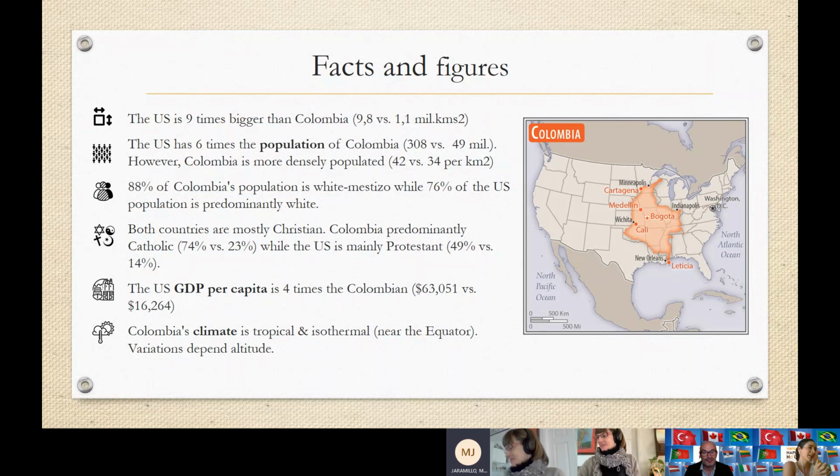That's correct too. Like, what about the climate? We do not have seasons. We have a tropical climate. We are right above the equator. This means we have the same weather almost all the year, and the differences depend more on altitude, not like here in the US. So when we say in Colombia, literal translation, "it's making a lot of winter," this is what my mom would say.